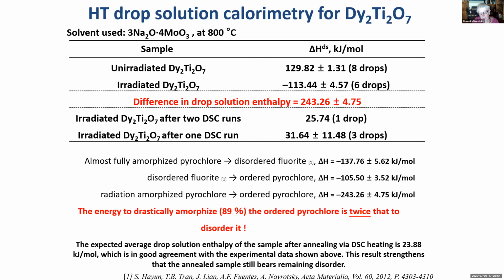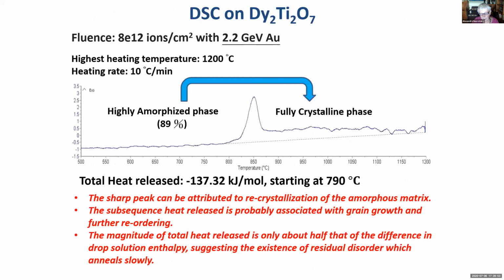So we did differential scanning calorimetry on the damaged sample. And we found that essentially in a normal DSC scan, we get an exothermic crystallization peak at about 800 degrees C. But that peak has a long tail going up to 1200 degrees C or so.